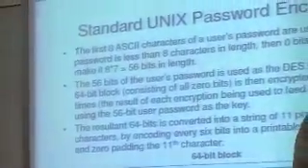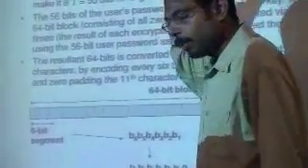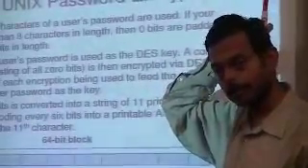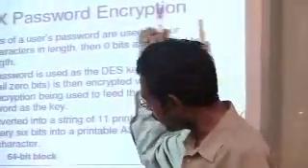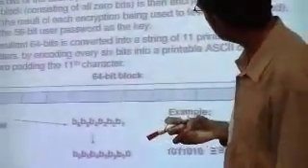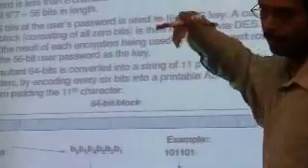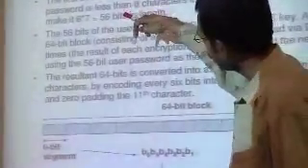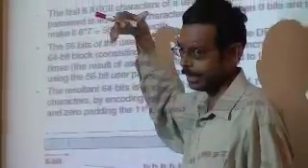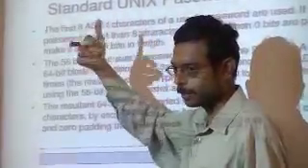Encrypted password. Unix requires that the user password should be at least 8 characters long. If it's more than 8 characters, they are truncated. If it's less than 8 characters, you append what you call 0 bits to make it 56 bits. Why 56 bits? Because you need 8 ASCII characters to be part of your password, and user passwords are printable passwords, right?